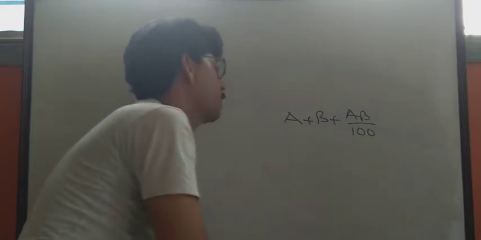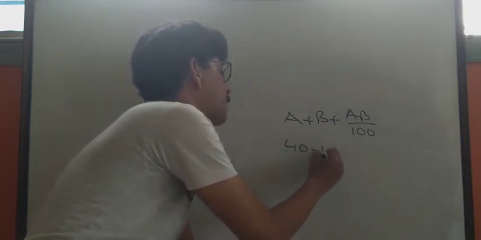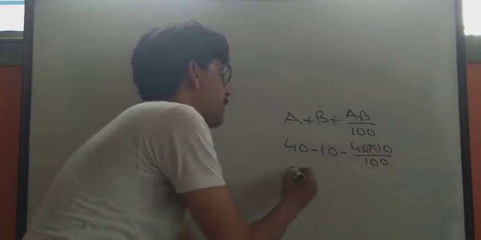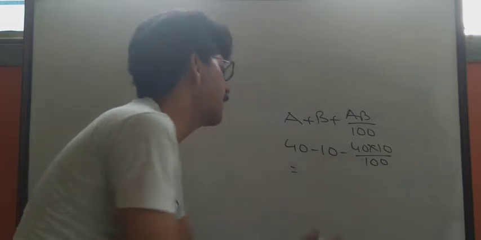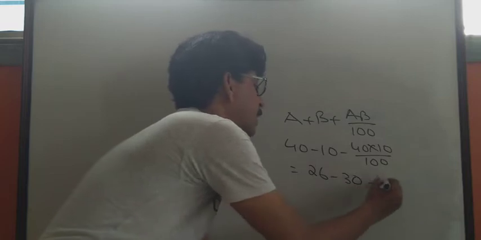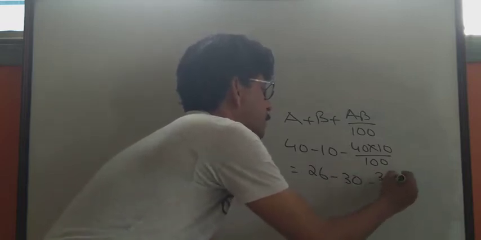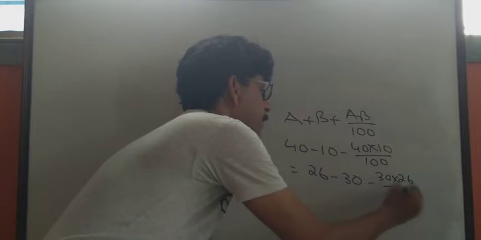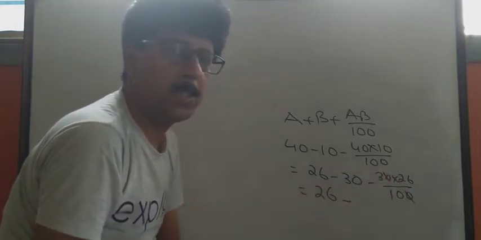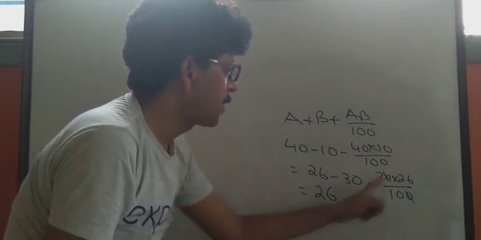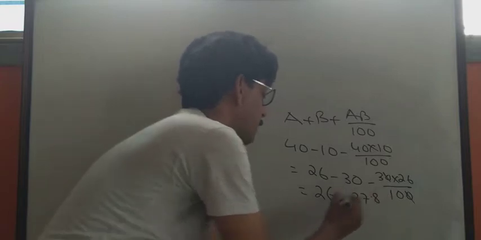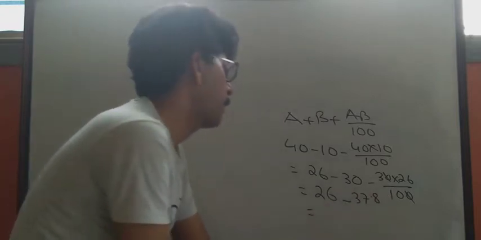We have 40% and 10%, so the first two values are taken care of: 40 minus 10 minus 4 is 26. Now take the next value, which is minus 30, and this is 30 into 26 by 100. It means 26 minus 26 into 3, which is 78, 78 by 10 is 7.8. So 26 minus 30 minus 7.8 is about minus 11.8.